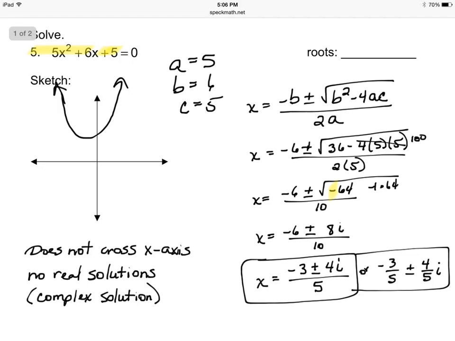Okay, so we have some other examples, and I'm going to just write those in. Okay, this next equation is 3x squared equals 5x minus 3. Well, you want to move over your 5x and your 3.